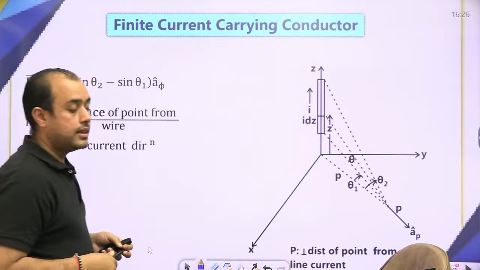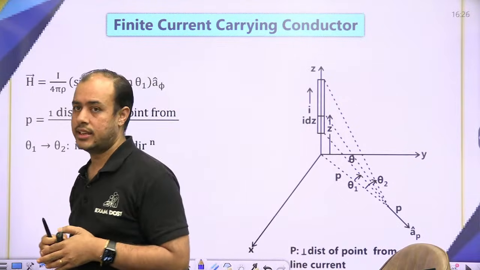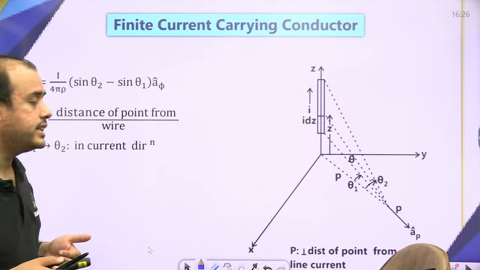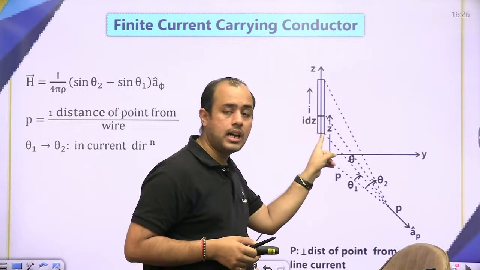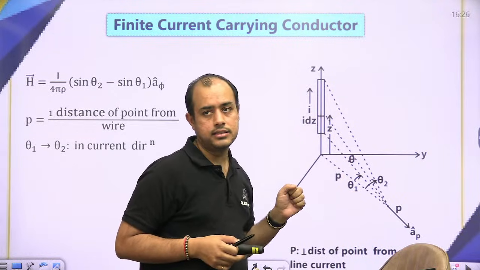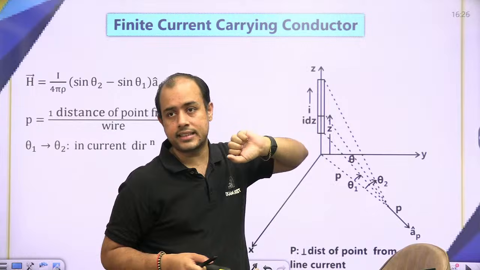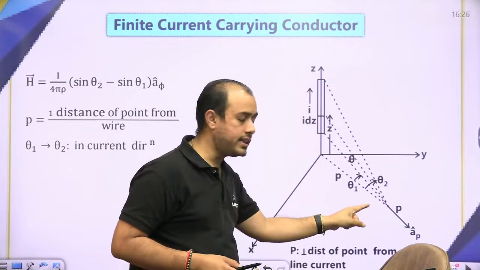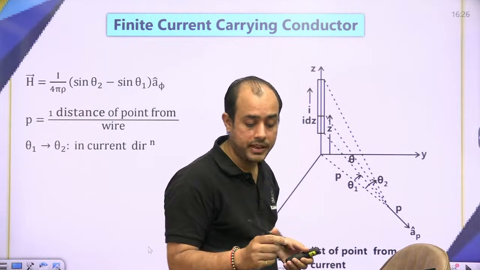Okay. Now beta, just like we had a finite line charge, here we have a finite line current. In the direction of current, the angle made by the first end is theta 1. We are taking a line current on the z-axis, and the point in the xy plane. The position vector of the point will be rho.